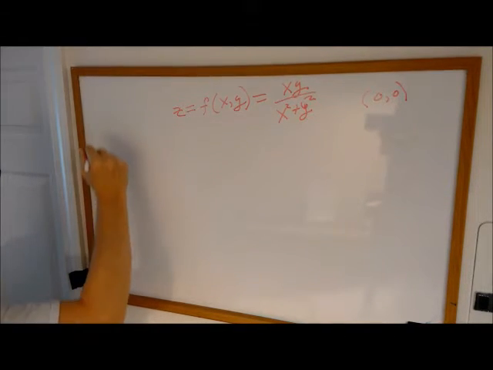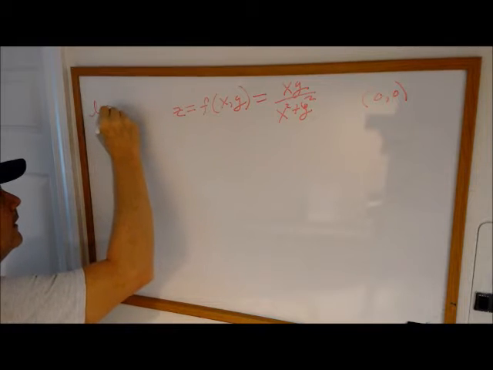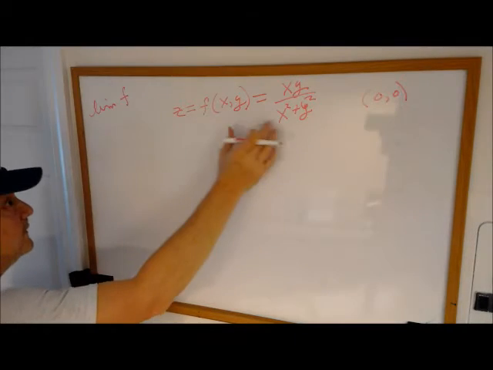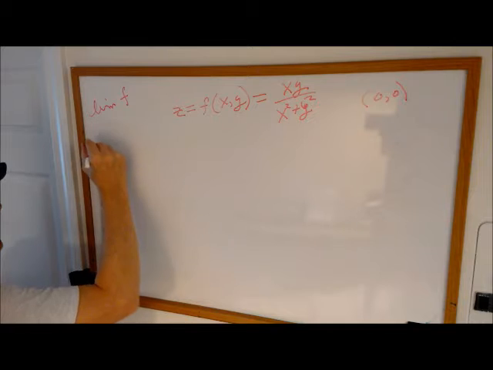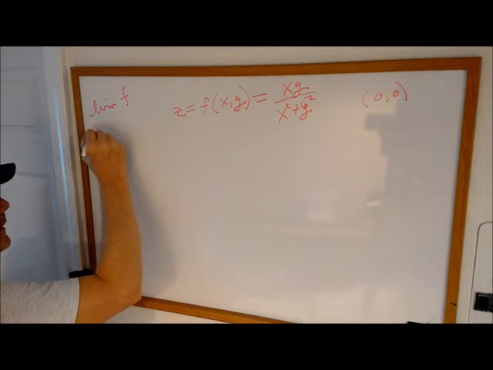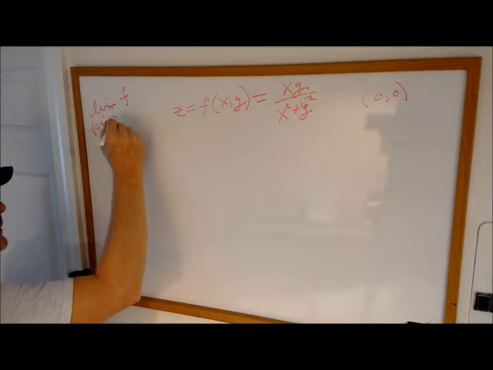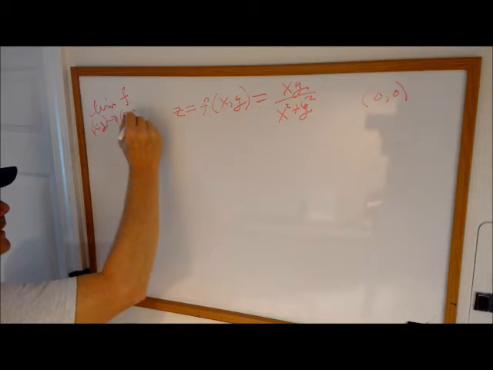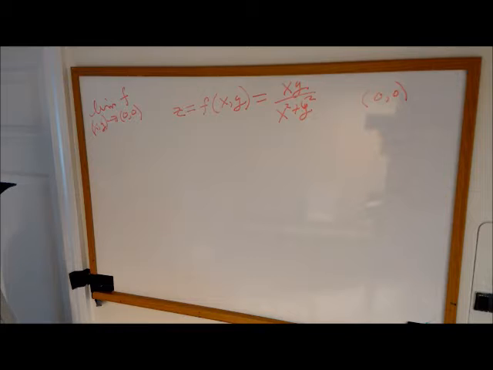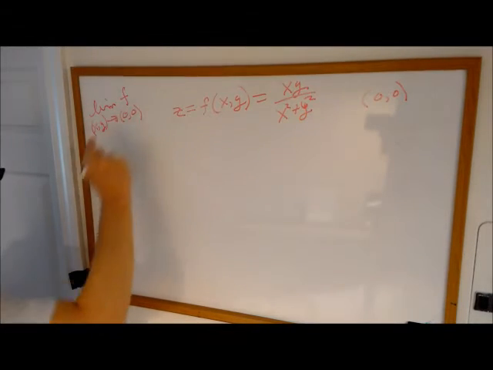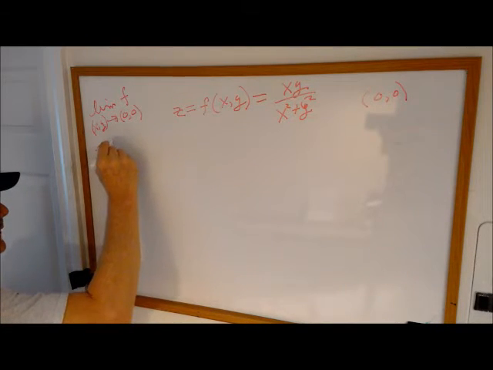So we're going to take the limit of this particular function as the points x comma y get closer and closer to 0, 0. Now, it turns out that this limit does not exist.